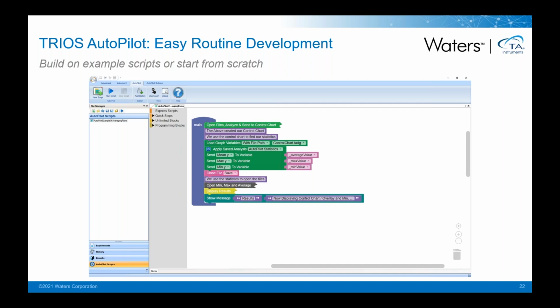You can use variables and equations to set up criteria. It's a relatively simple and straightforward method to create what we call a script, and you can run through a script. Essentially, it's running through a program where you can ask TRIOS to do many different things. You can ask the DSC or the TGA to do a number of things.